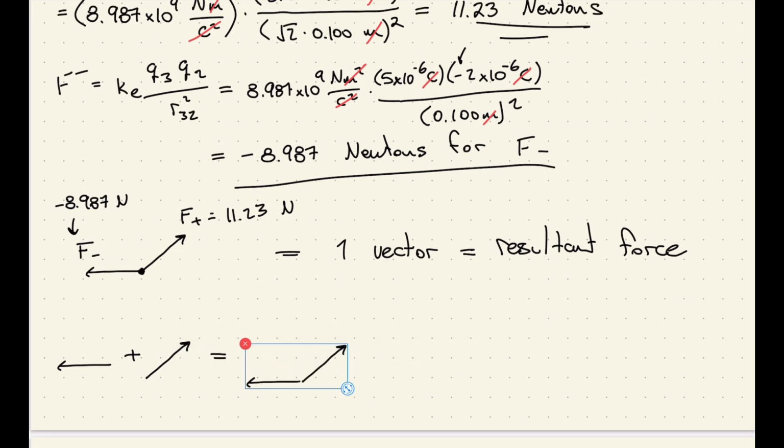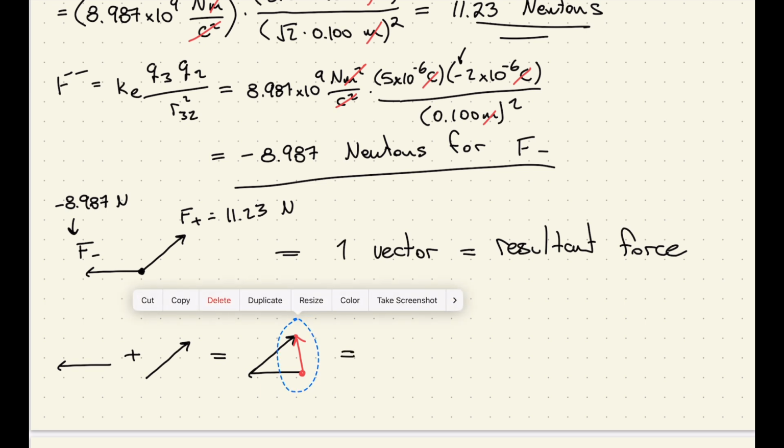Literally what you do with vectors is you take one vector, let's say the first vector, set it up like this, and then you take the second vector and line it up at the tip of the first vector. So we get something like this. Now the resultant vector is from the starting point to the end point, you create another vector. So in fact, the answer, the resultant vector, is just this red vector here.